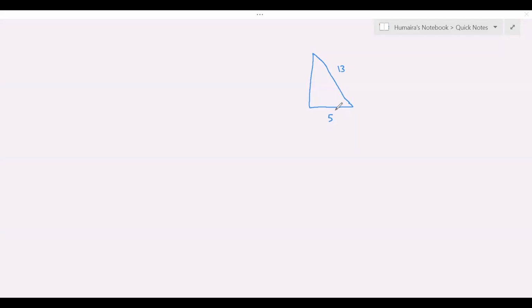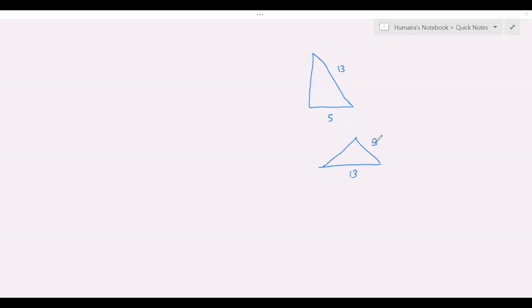Wouldn't the bottom and the left side be close in length? The left and right and bottom. The triangle could be of any shape. We can also have this one. Say that this one is 5, this one is 13.